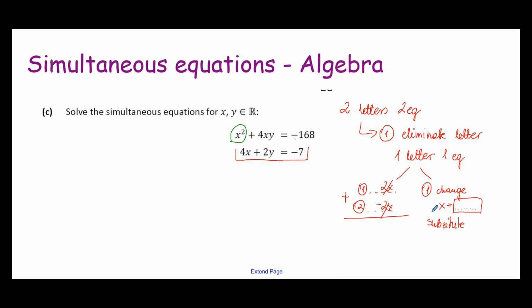So let's have a look at how we're going to deal with these two simultaneous equations. Like I said, we take the one that doesn't have a letter to the power of 2. Now, we have an option. We can either change this equation to have x equal and move all the numbers to the other side, then take that expression and replace x with that value, or we can go a different way.